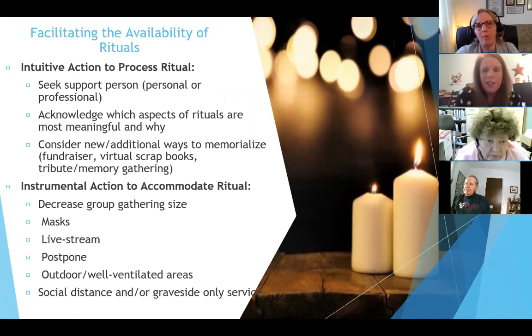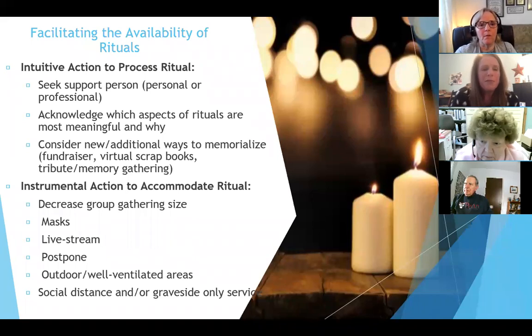Yeah. If you have questions about this moving forward, we can talk about it in the discussion area. But we talked about, because the funeral rites and rituals or any other kind of ritual are unavailable to us right now, to think of new ways. Think about what the ritual gets us and other ways to get it.